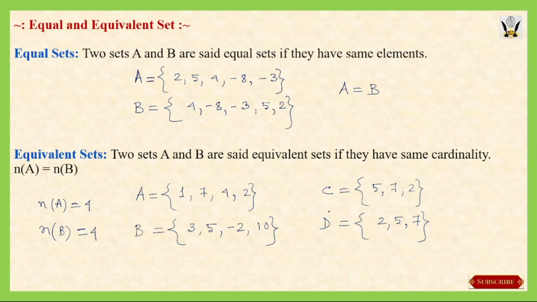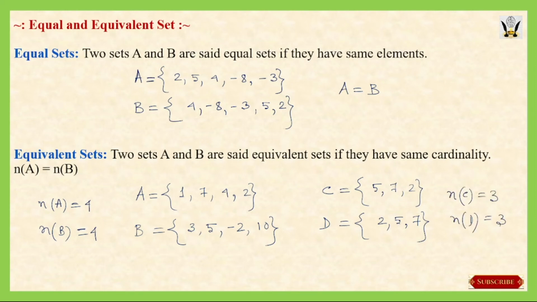Now if we go to the second example, here in set C and set D, they have the same number of elements, so their cardinality matches. So these two sets C and D will be equivalent sets. And if we look into the real values of the elements, the elements are also the same, though their order is different. So C and D are equivalent sets, and at the same time they are also equal sets, because their cardinality matches and the real values of the elements are also the same.